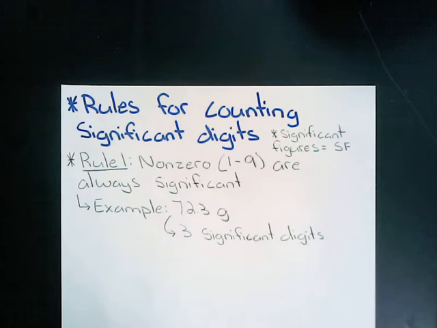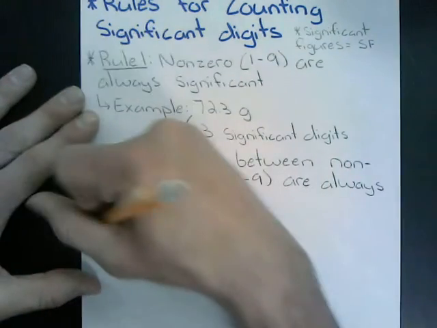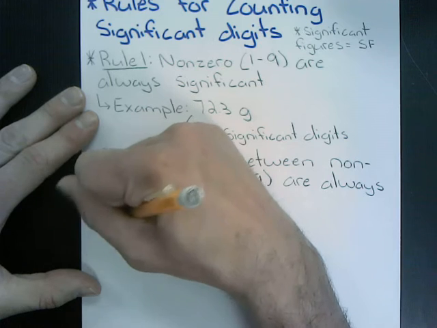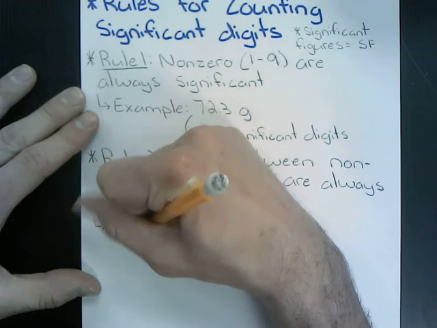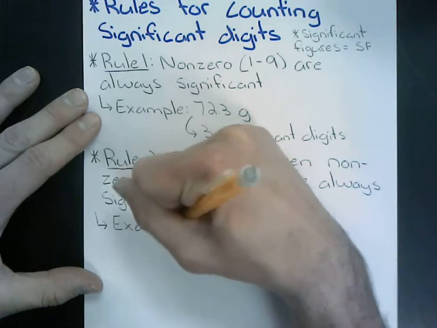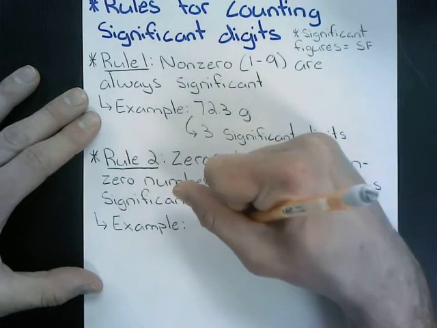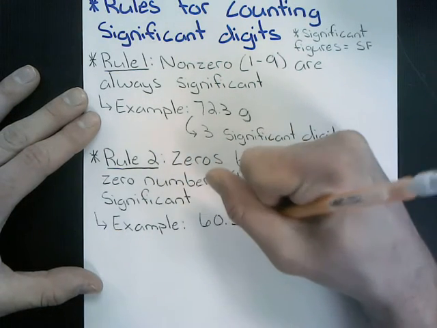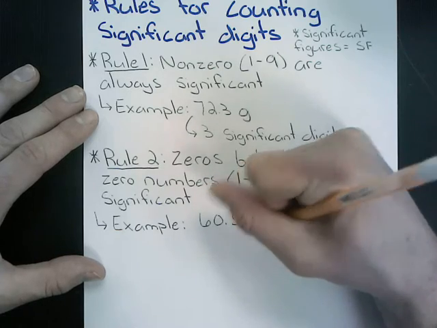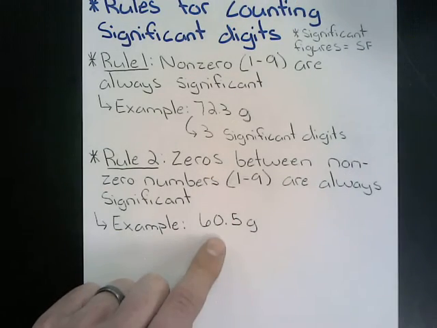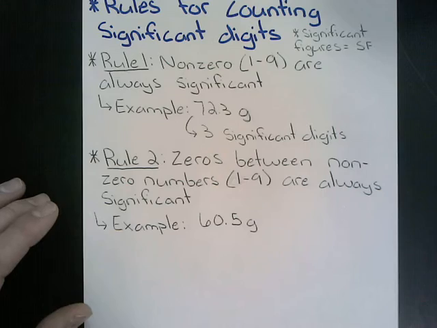Now, rule number 2 says zeros between non-zero numbers are always significant. If we show this in an example, and we have the number 60.5 grams, this right here is going to have 3 significant digits.